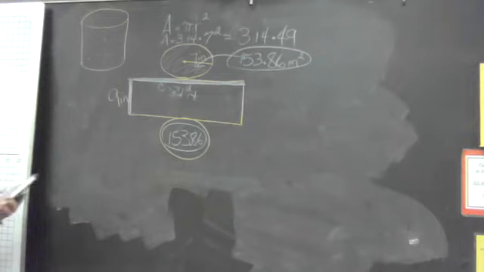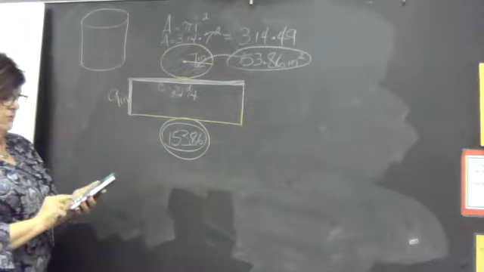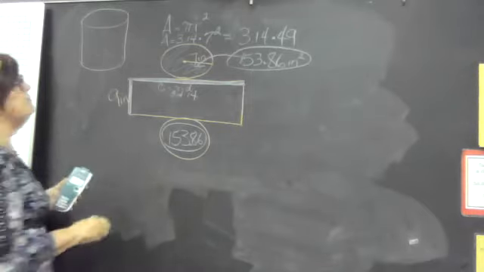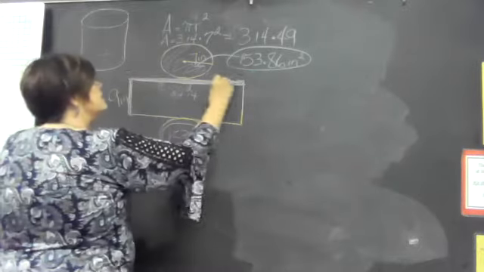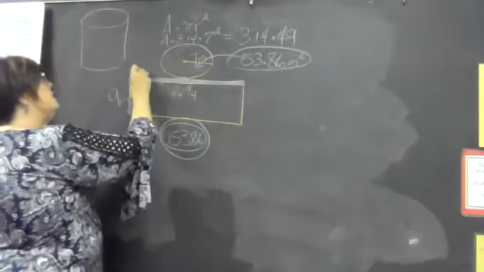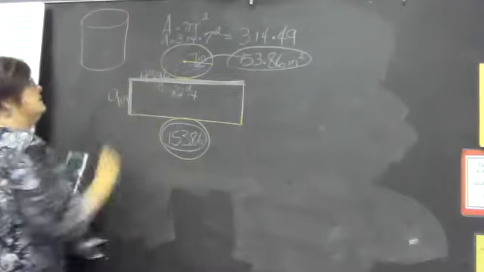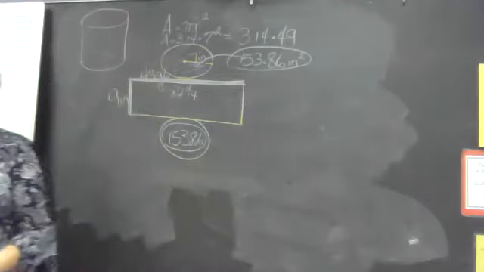So 3.14 times 14 is going to be the length here. This isn't the area. We just found the length is 43.96 inches, the length of this rectangle.